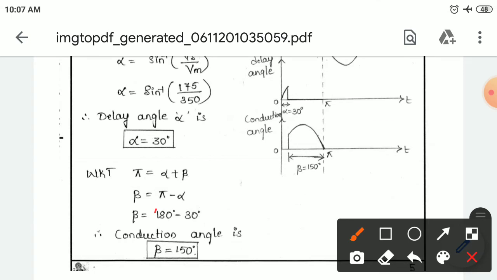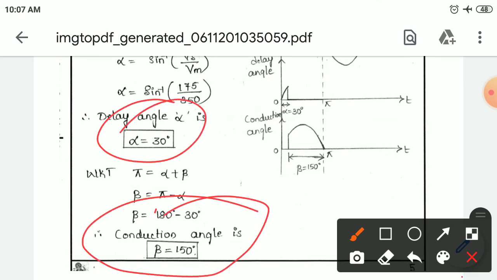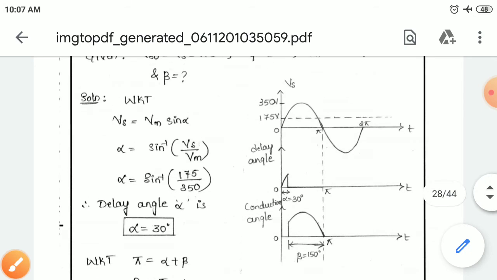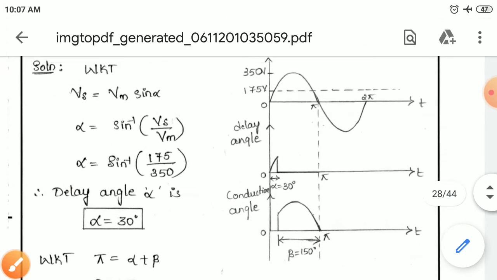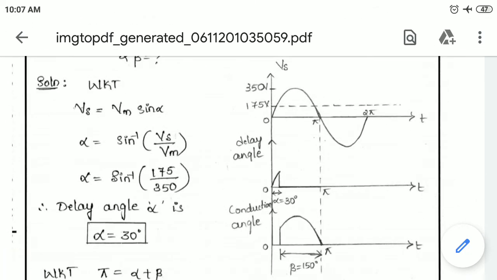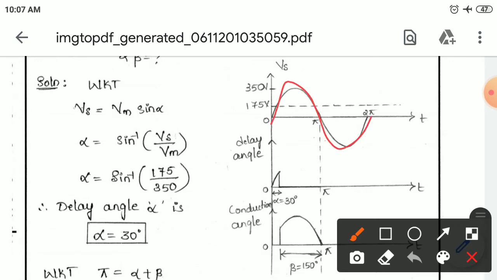Pi is 180 minus 30 degrees, alpha you calculated. The conduction angle is 150 degrees. You can just refer here, this is your waveform. This is your pure sine wave of 350 volts peak, and 175 volts is Vs, the supply voltage, and Vm is equal to 350 volts.